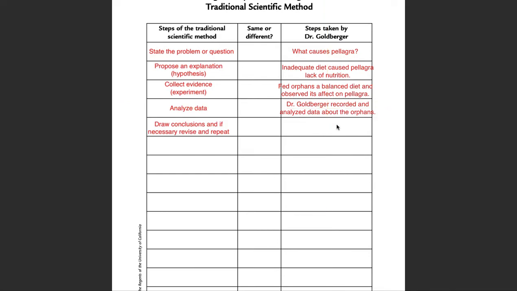Now, was he able to draw a final conclusion about his investigation with the orphans? No, he wasn't. So that's when he obtained more evidence by conducting an experiment with prisoners.